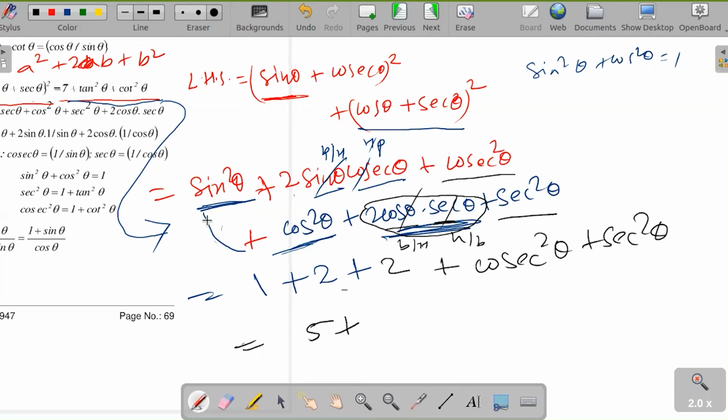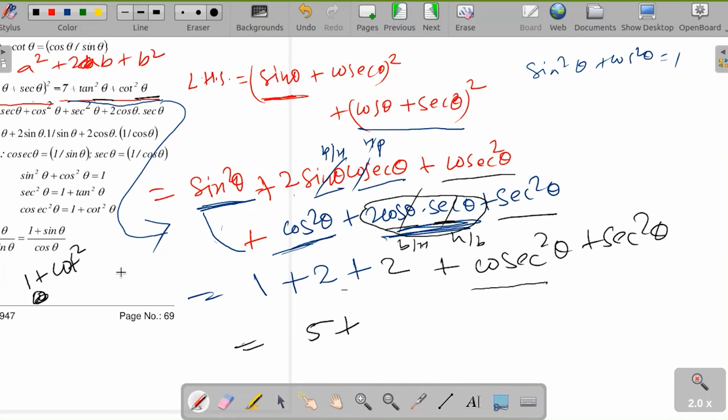But we have to convert into either tan or cot. For cosec, we don't have any formula for tan, but we have a formula for cot: 1 plus cot square theta is equal to cosec square theta. I proved that.